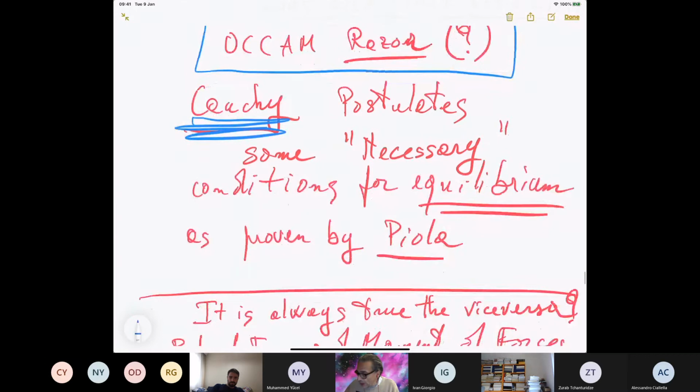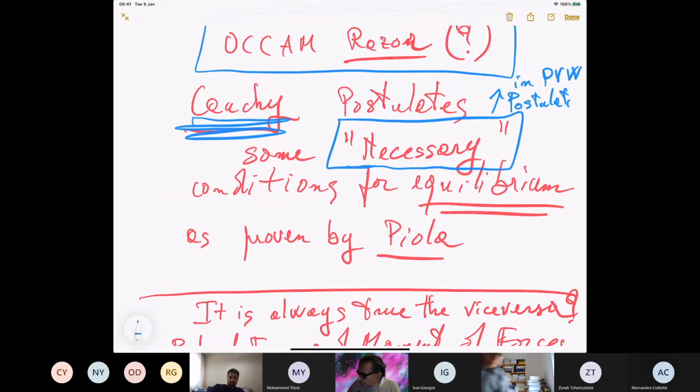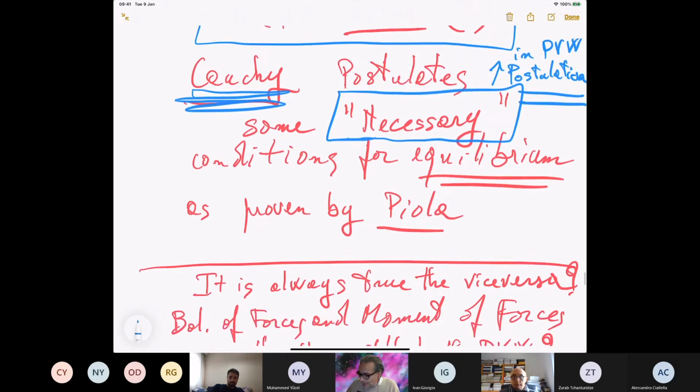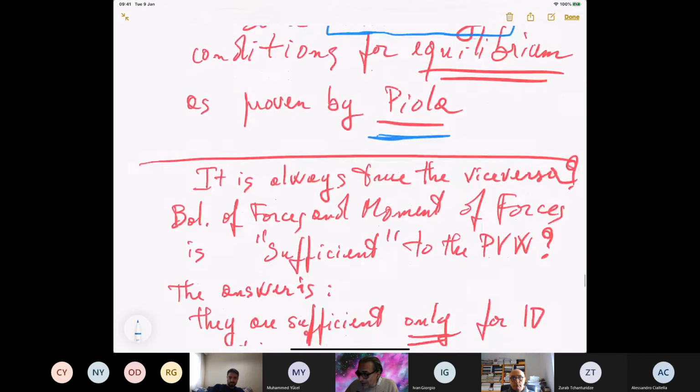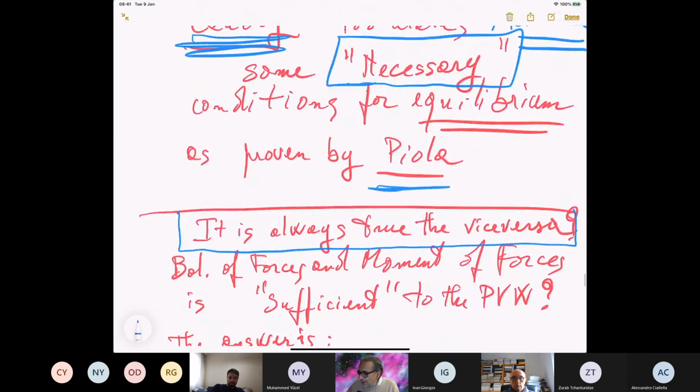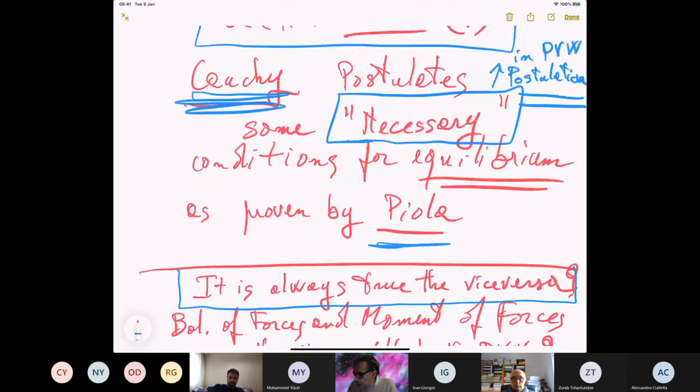However, what Cauchy does shows how dangerous this approach is. Cauchy postulates some necessary conditions for equilibrium, necessary in the principle of virtual work postulation, of course, as proven by Piola. So the question is: is the vice versa always true? I mean, are these necessary conditions also sufficient?